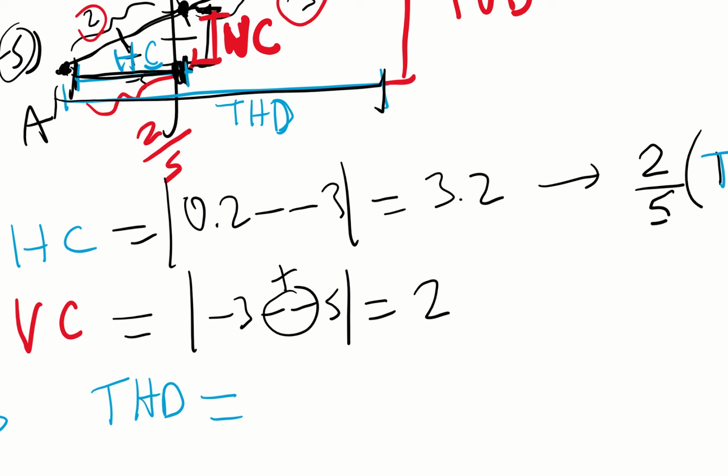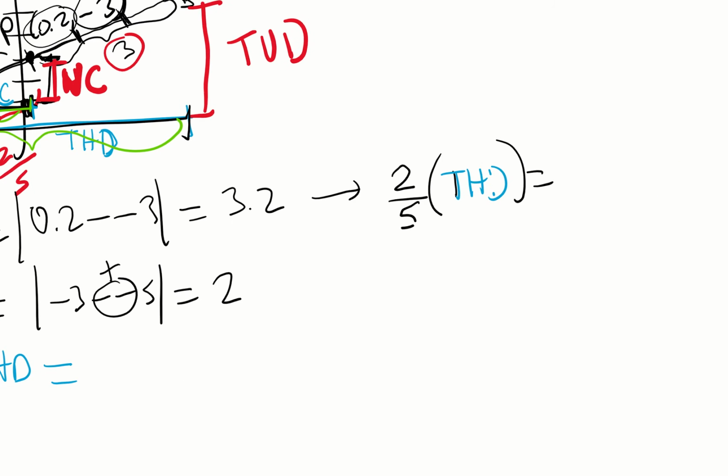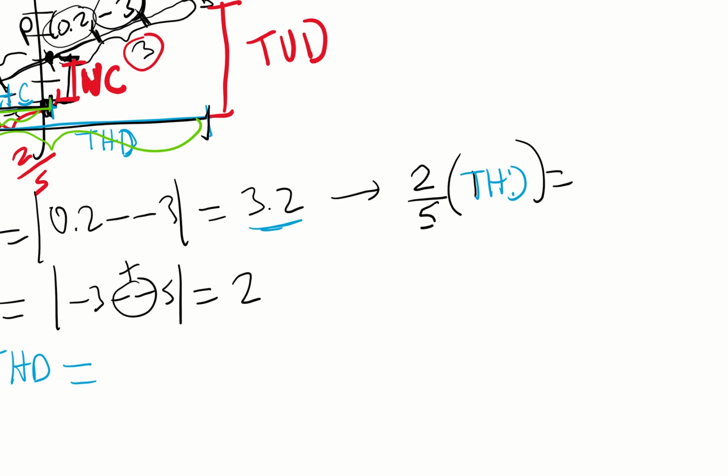Let me label this in another color. So this here is 2/5 of this, right? And so 2/5 of the total is going to be equal to the horizontal change, and the horizontal change is 3.2. So 2/5 of the total is 3.2.